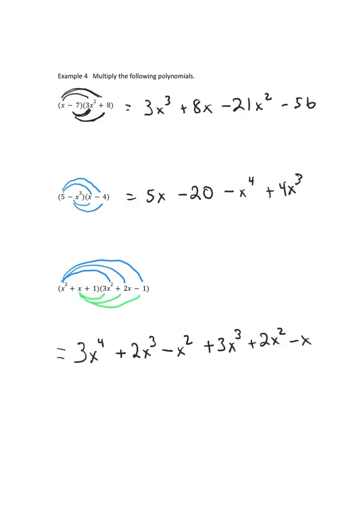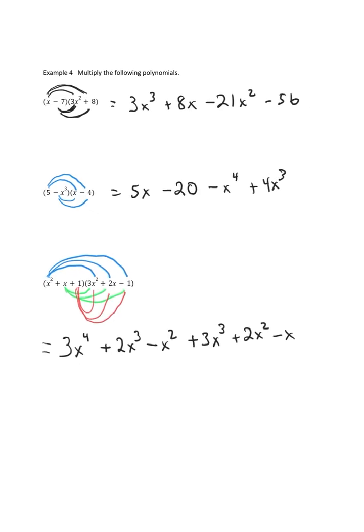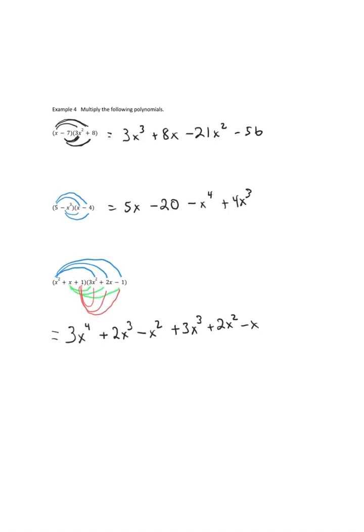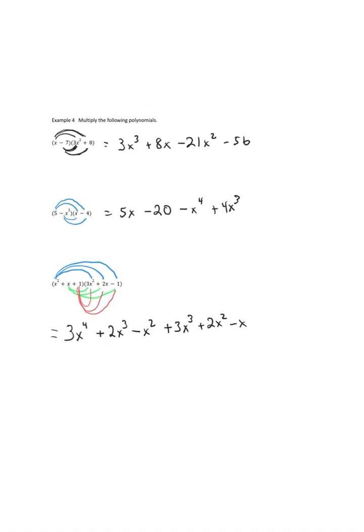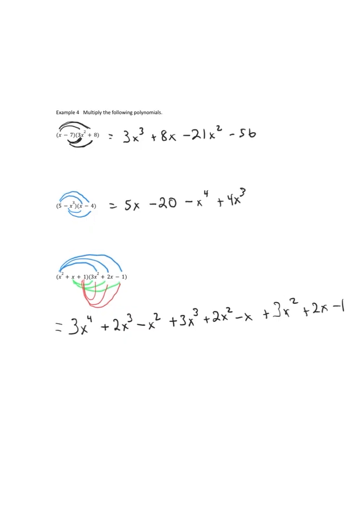So this last term has to distribute to all three as well. So this is the part that gets a little bit wild. I'm running out of space. Let me zoom out for a moment to squeeze this last part in. So 1 times 3x squared would be plus 3x squared, and then plus 2x, and then minus 1, because here you're just multiplying each of those by 1, so not a whole lot changing.